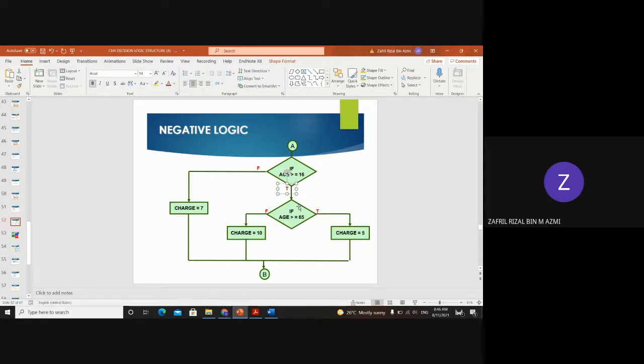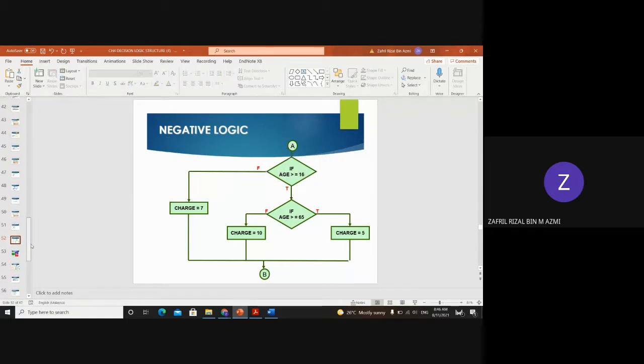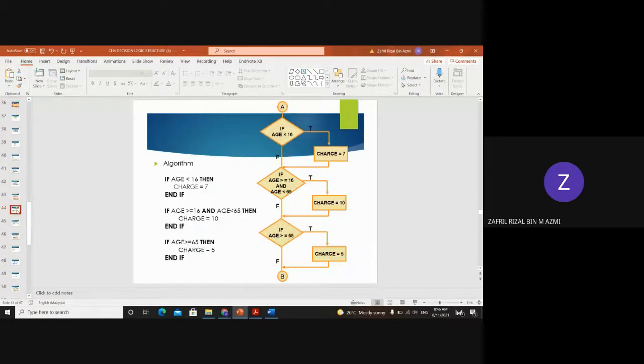But make sure you check the condition. The condition is not the same as positive logic. So positive logic, you see, let's copy paste this one.